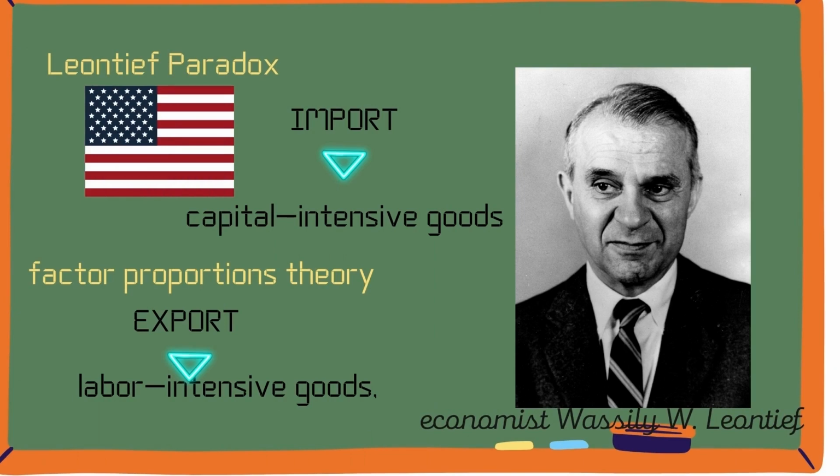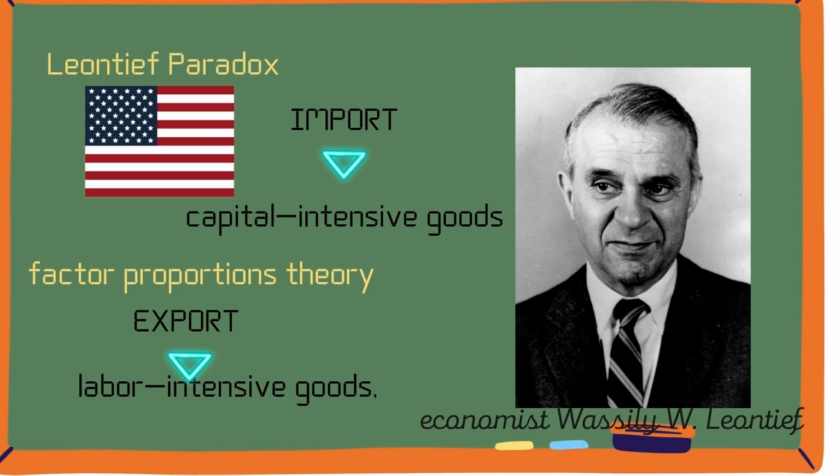In the early 1950s, Russian-born American economist Wassily W. Leontief studied the U.S. economy closely and noted that the United States was abundant in capital and therefore should export more capital-intensive goods. However, his research using capital data showed the opposite.